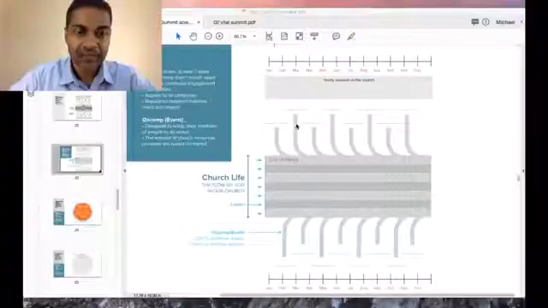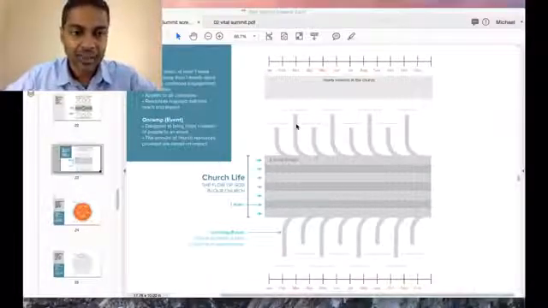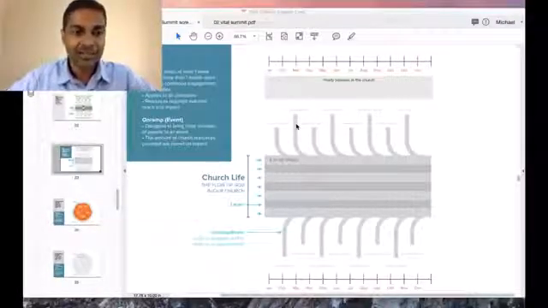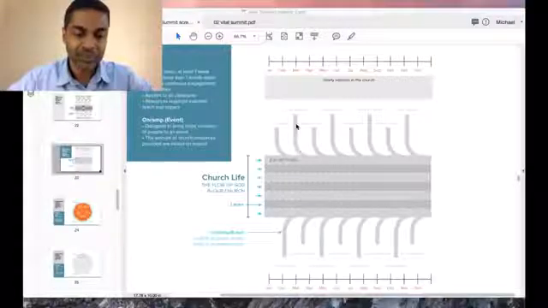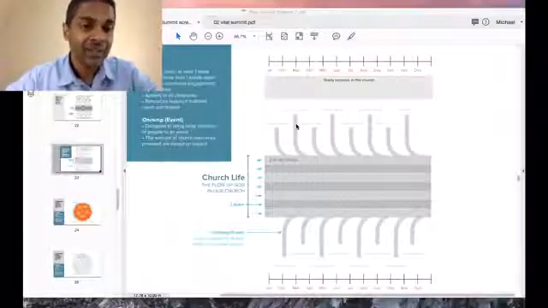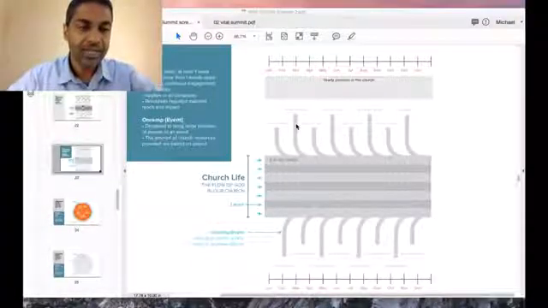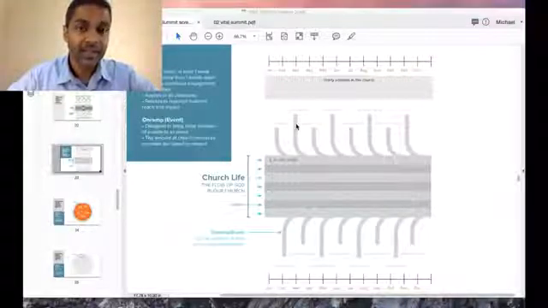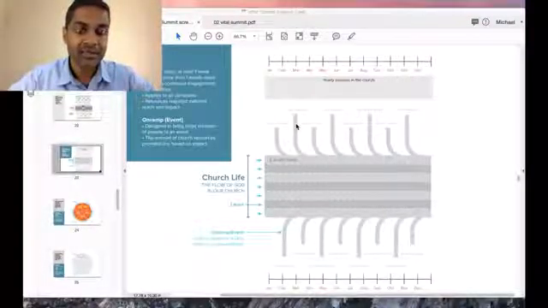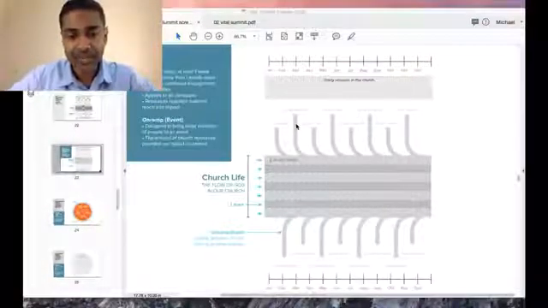I'll show you one more time the diagram here. One of the things that we do well is we help to communicate well with churches. So we communicate ideas well by creating diagrams and illustrations to help you get clarity on different ideas and concepts. So this is your diagram for this week.